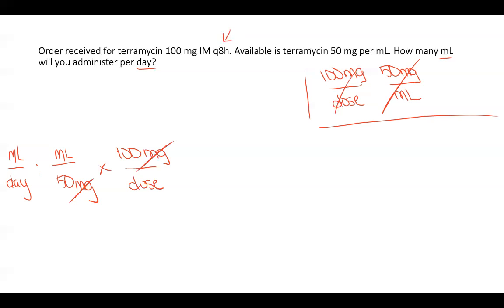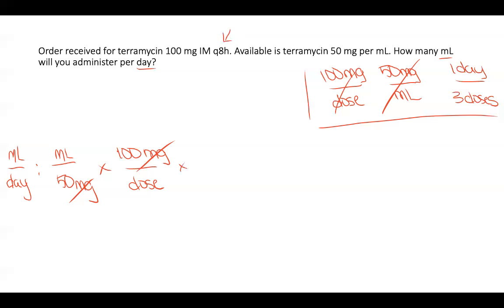I need to change that dose to day, right? Because I'm looking for day, but my current answer is in dose. So how do I figure that out? I go and look at the problem, at the order, and it says Q8 hours. Okay, if you look at the cheat sheet I provided for you earlier, Q8 hours means that in one day, you're going to give 3 doses. So that's the conversion that I'm going to plug into my problem.